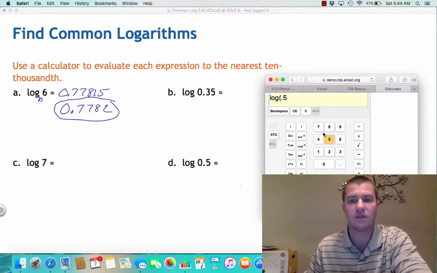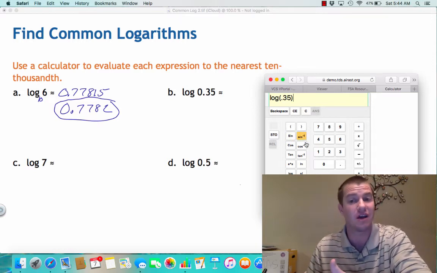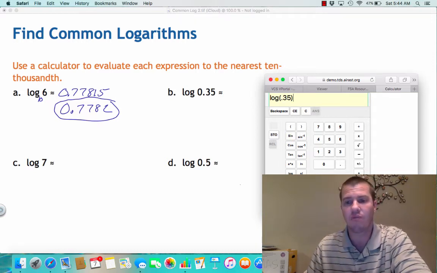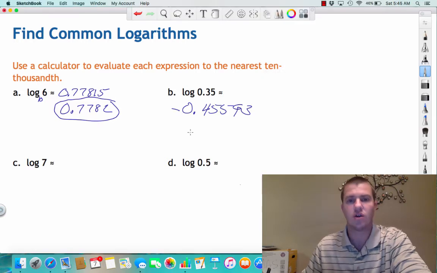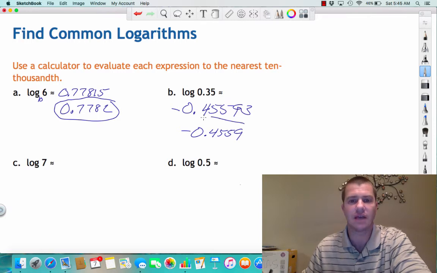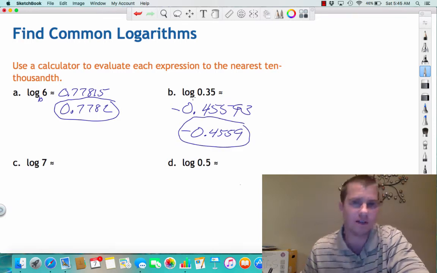You don't have to put the 0, you could. 0.35 is the same thing as .35. As long as you're doing nothing behind it, you don't have to put it in parentheses. I always try to do it because it is important in other cases. And then equals. So I get negative 0.4559. This 3 keeps that 9 and 9, and that's rounded to the nearest 10,000th.